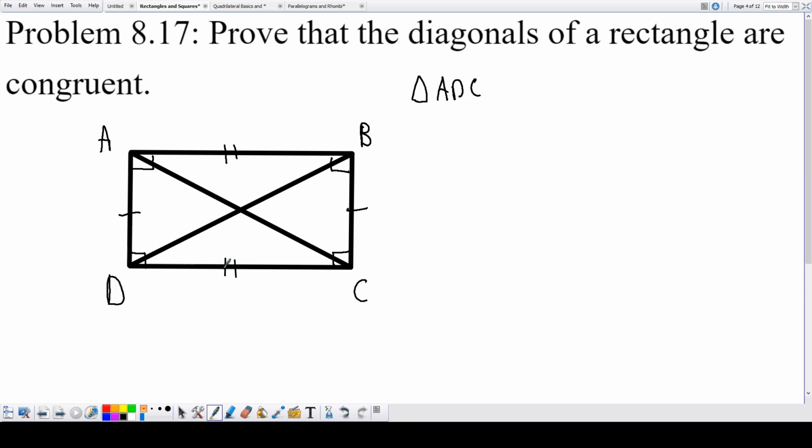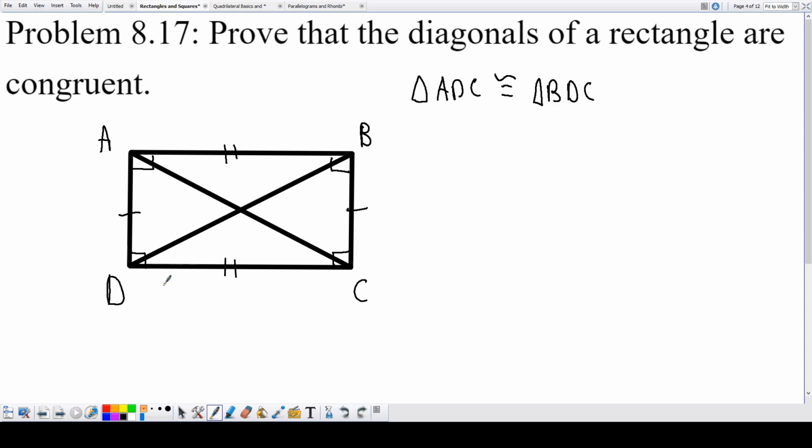Now let's compare that to one of the other triangles where it contains the hypotenuse BD. So that could be triangle BDC. Now, are these two triangles congruent? Well, absolutely.